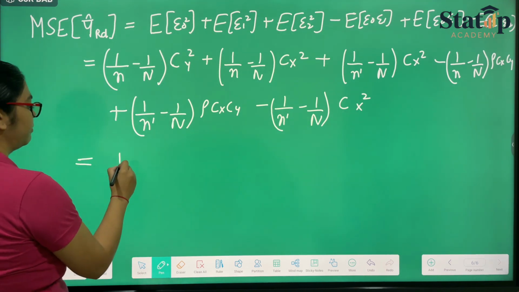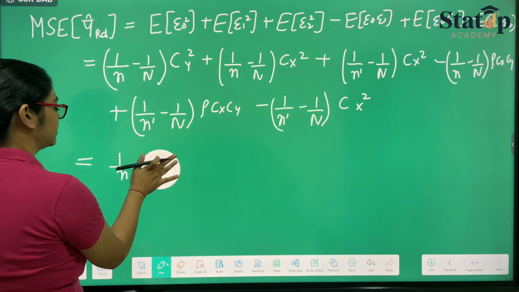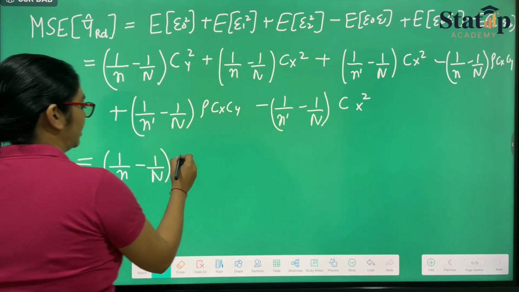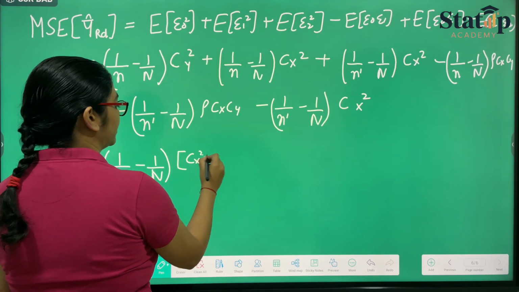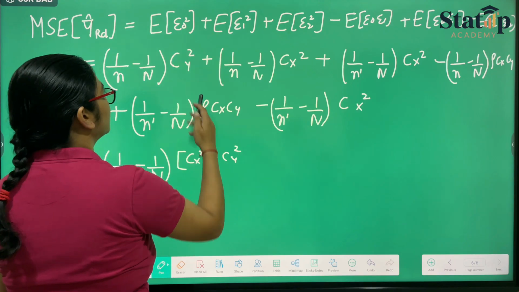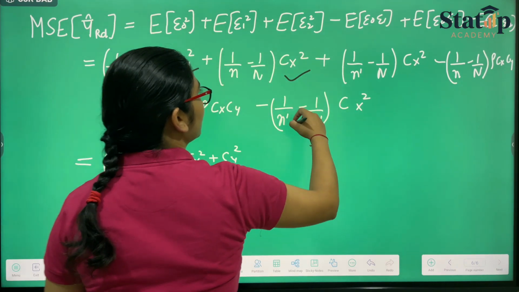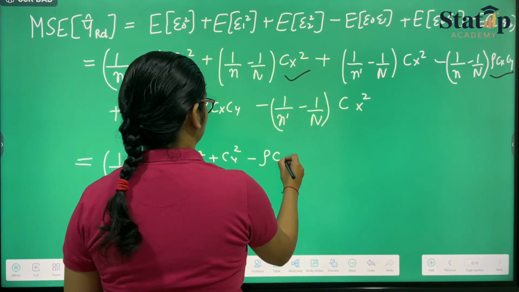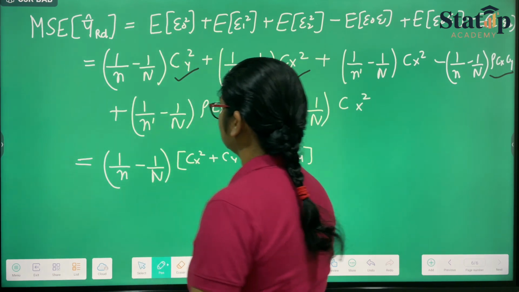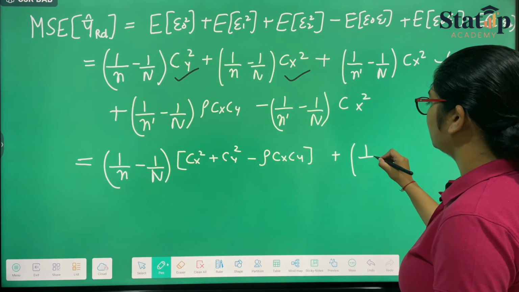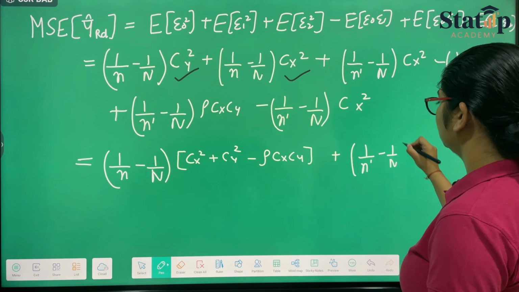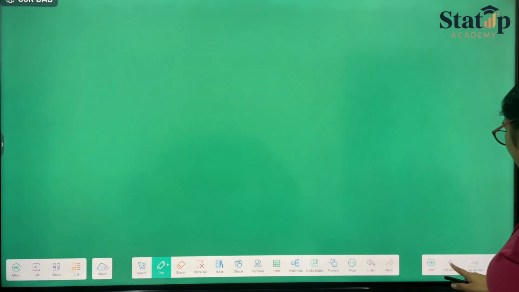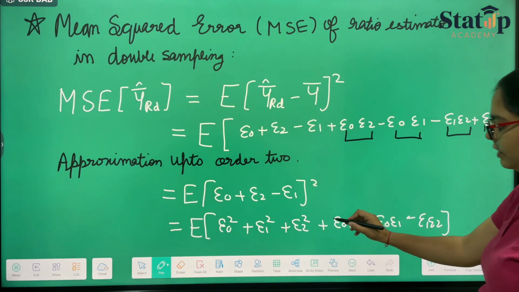On solving, taking the common terms of this coefficient 1 upon n minus 1 upon capital N, we will get Cx square plus Cy square minus rho Cx Cy. Then the second term would be the coefficient with 1 upon n prime minus 1 upon capital N. Here we haven't taken 2.